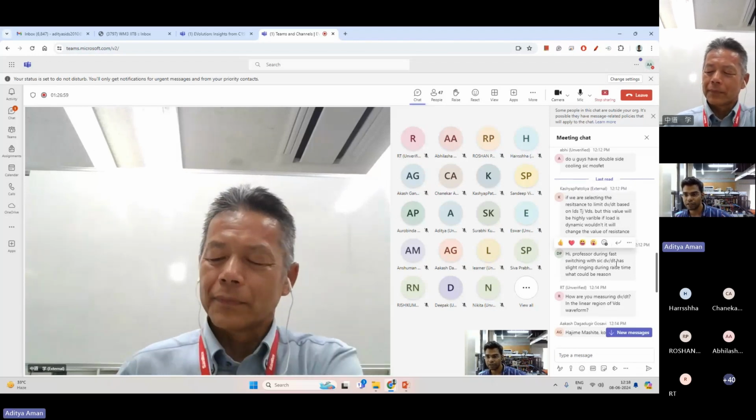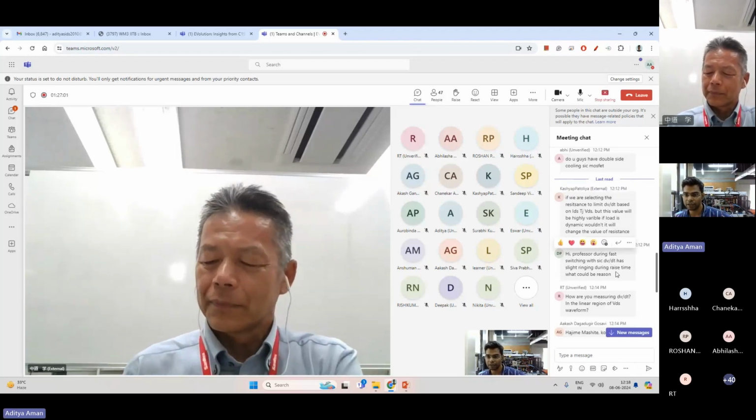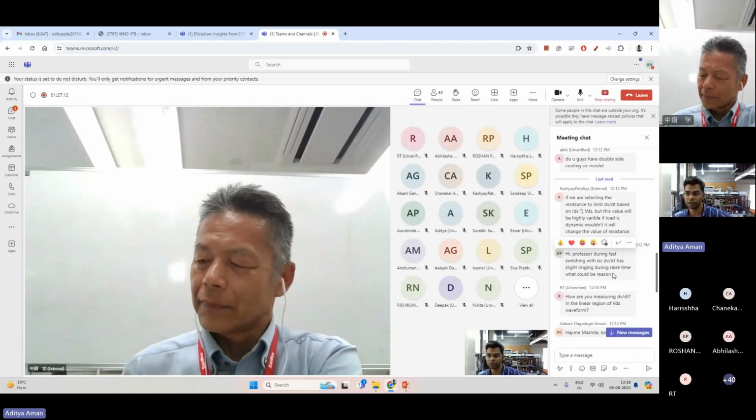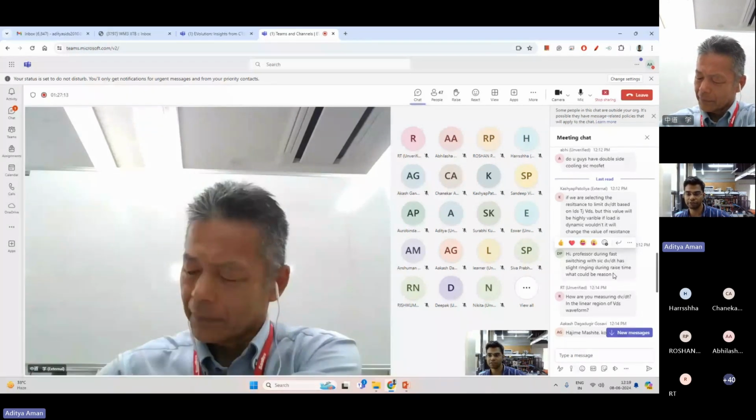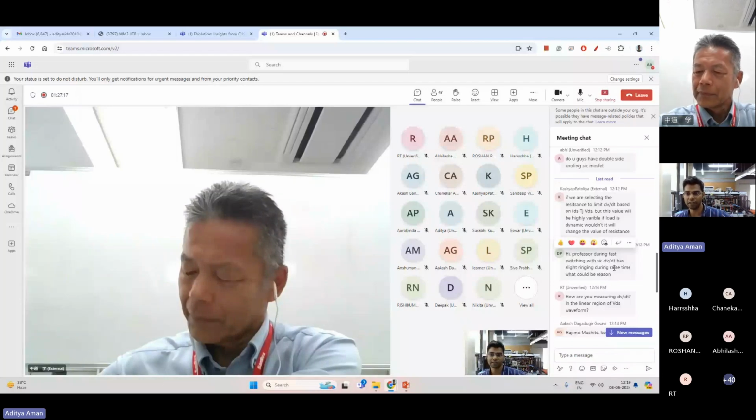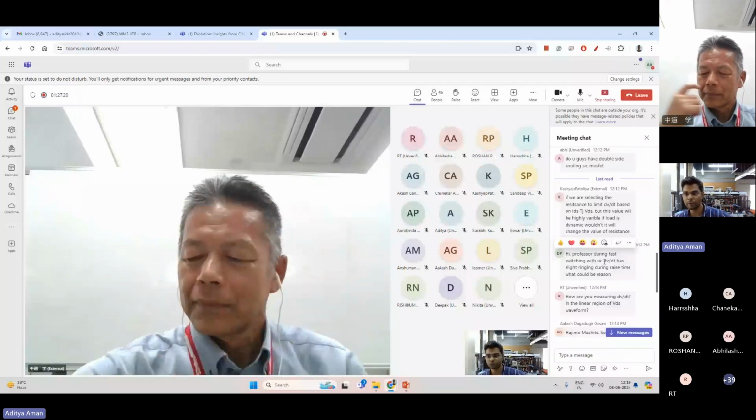During fast switching with silicon carbide, dV by dt has slight ringing during rise time. What could be the reason? It is the common inductances, like common drain inductance and common source inductance, which is the cause of the ringing. So L dI by dt is there, and that is causing the ringing to appear across the drain to source.